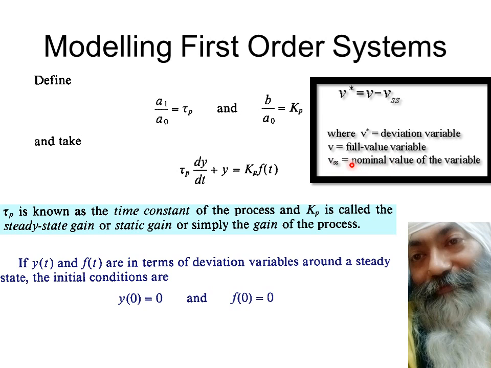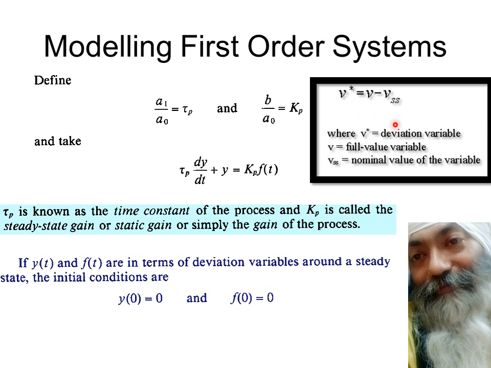If I subtract the two, we call it v star. So v star is taken as the deviation variable, and at steady state v is equal to vss, so v minus vss at steady state will be equal to 0, and this is going to lead to this result. So this is what we call steady state variables.